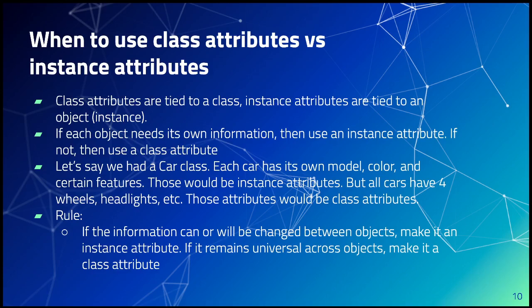All cars have headlights. They have braking systems, etc. Right? So in those cases, those attributes would be class attributes because they're tied to the car class in general, not to each instance. So this is basically a rule, what we covered in this slide.